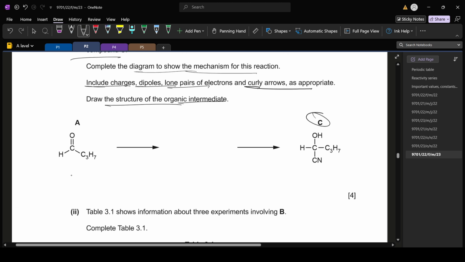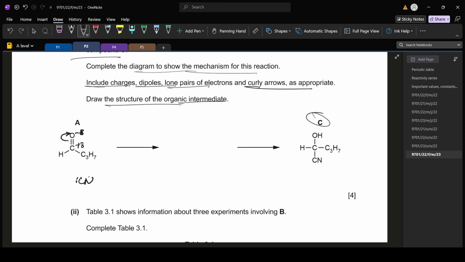So HCN, this CN has a lone pair on the carbon. This oxygen is more electronegative than carbon, so it will form partial positive and partial negative, and this oxygen will attract electrons to itself, and this carbon will be partial positive.